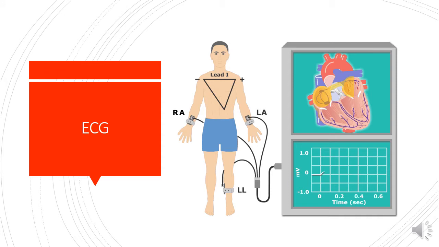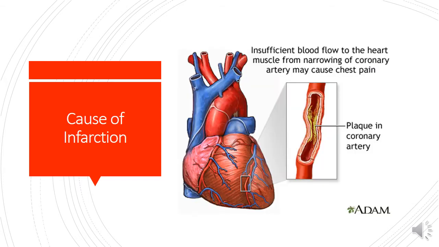What happens when the paramedics arrive? They will actually perform an ECG on this person to try to see if the cardiac muscle is working properly, so to detect their cardiac activity. What might be happening is this person might be experiencing something called a myocardial infarction. Now, what is exactly a myocardial infarction?